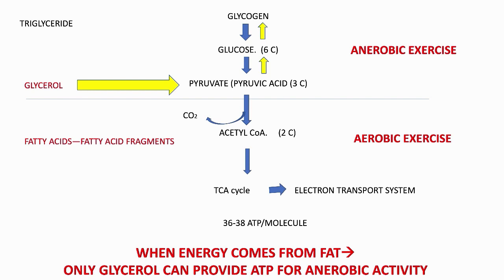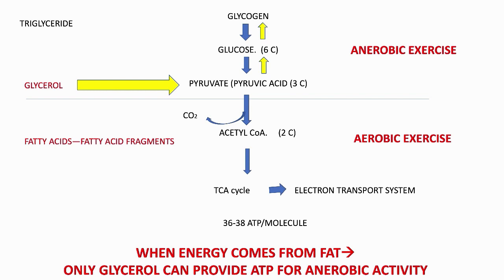Remember, it's only the 3-carbon glycerol portion of the triglyceride that can be used for pyruvate or pyruvic acid, and it's only pyruvic acid that can form lactic acid and give us energy for anaerobic exercise.